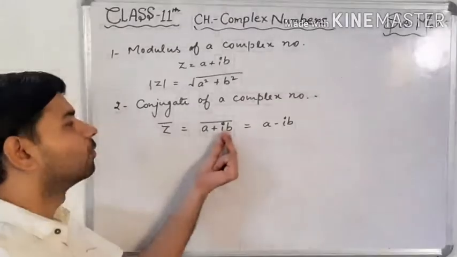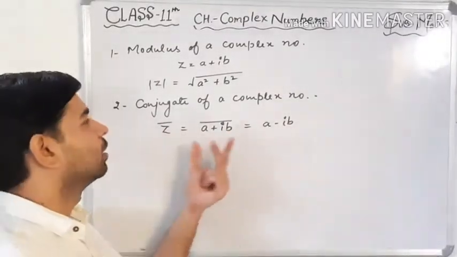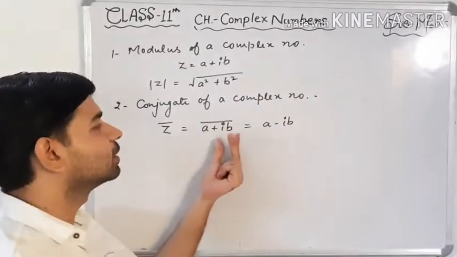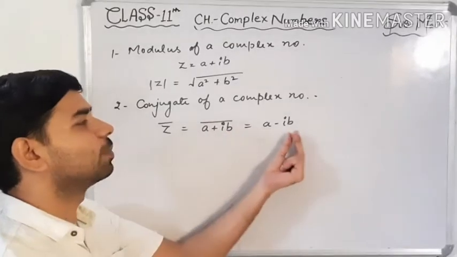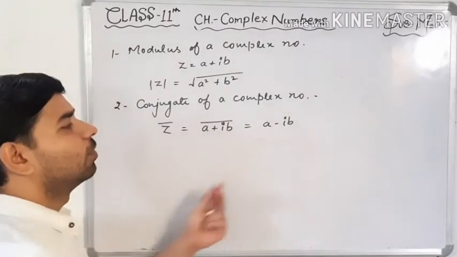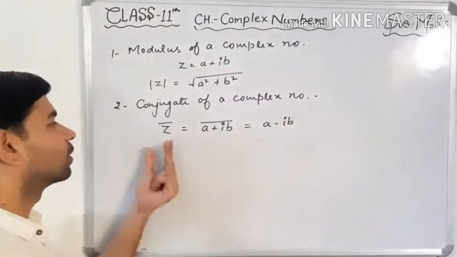The sign of imaginary part will be changed only. In the conjugate of complex numbers, we have to change the sign of imaginary part only. Here the imaginary part is plus ib, so we can write it minus ib for conjugate.